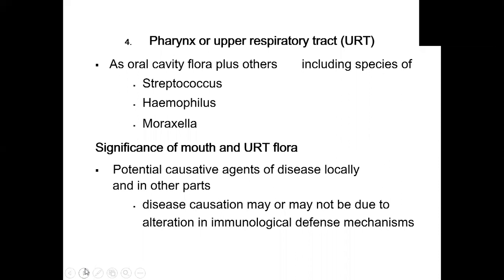It's just bordering the part we had talked about as being free of normal flora. But the mouth flora and the upper respiratory resident flora are potential causative agents of disease locally and in other parts. And the disease causation may or may not be due to alteration in immunological defense mechanisms.